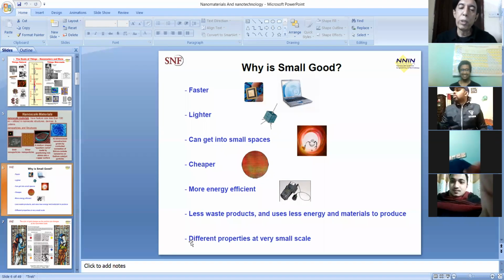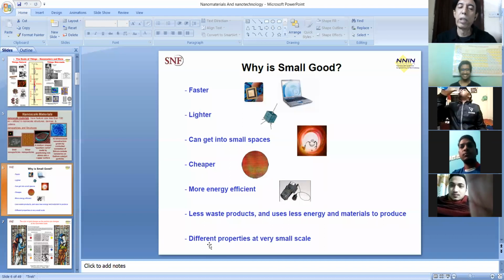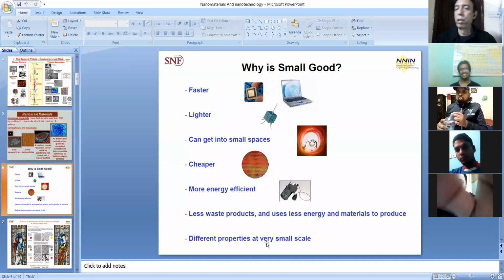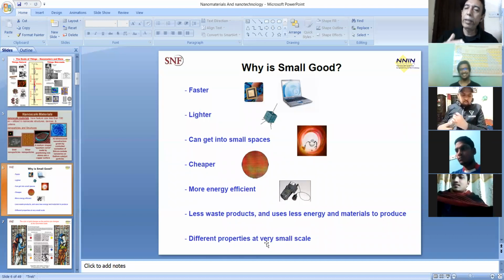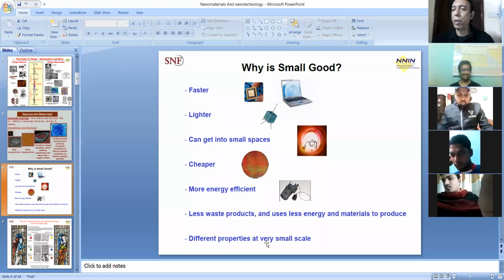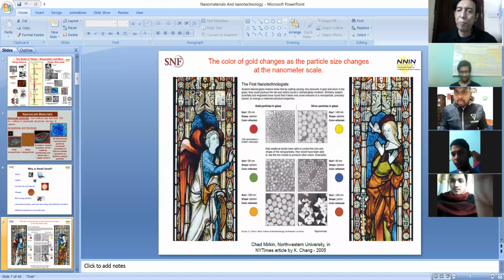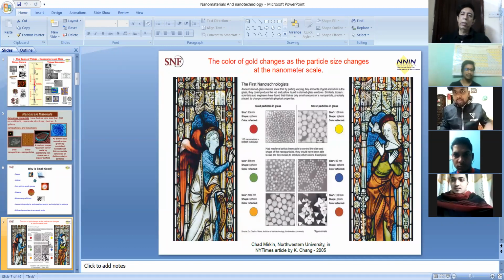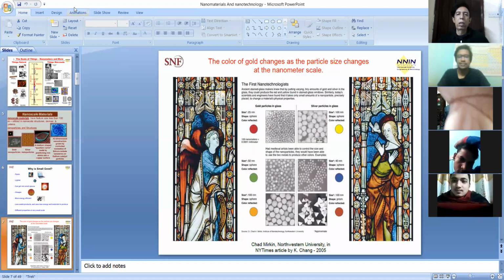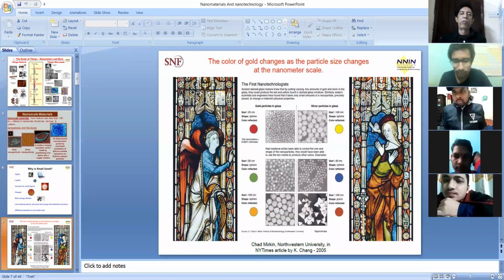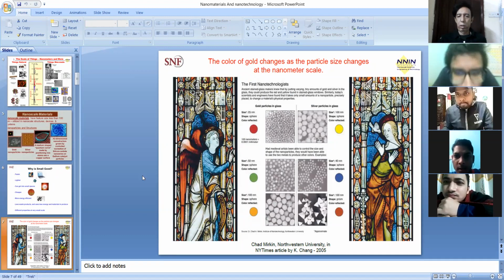And the most important one is that it has different properties. The nano material has different properties than bulk materials. Now, what type of different property? This is some painting of ancient people.